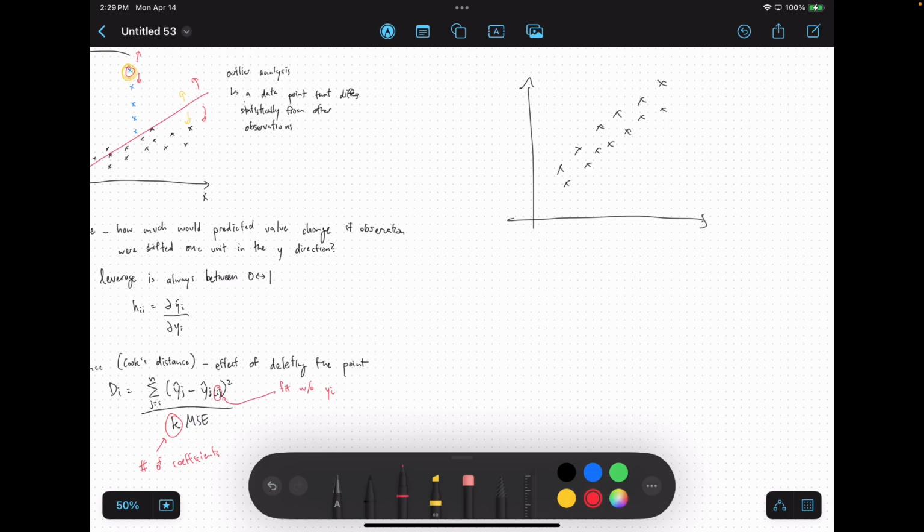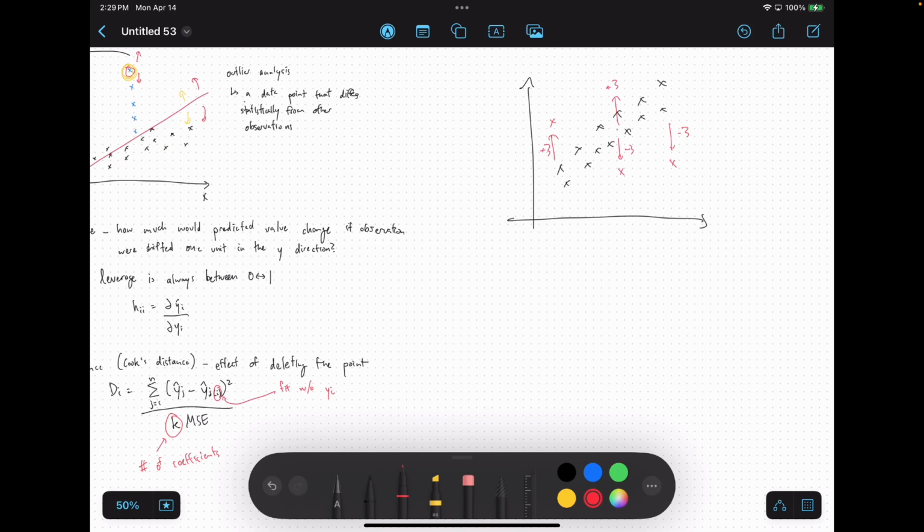Let's say your outlier is +3 above or -3 below. It turns out that the influence on the leverage, if you were here or here at +3, the influence of the points on the end is bigger.